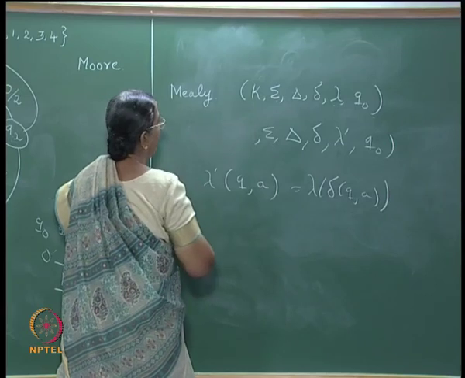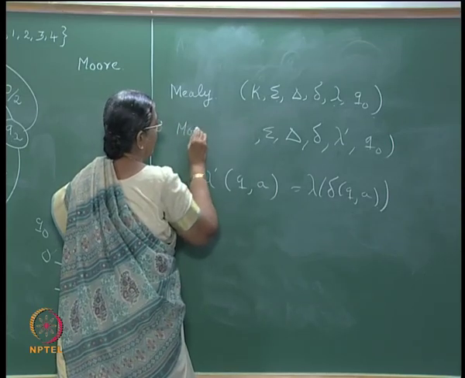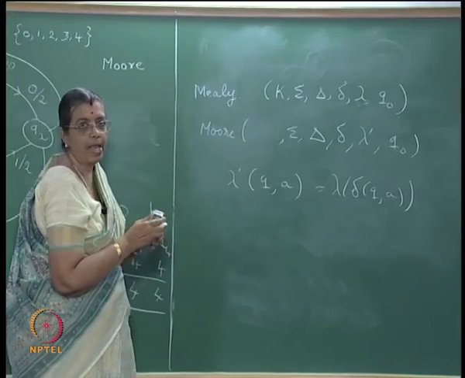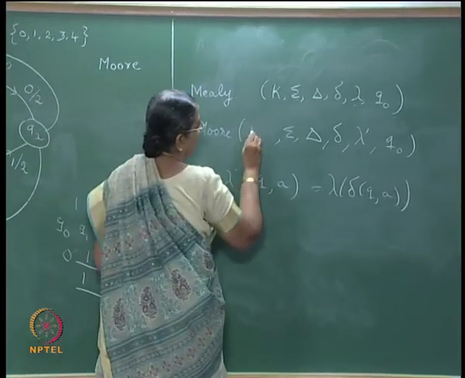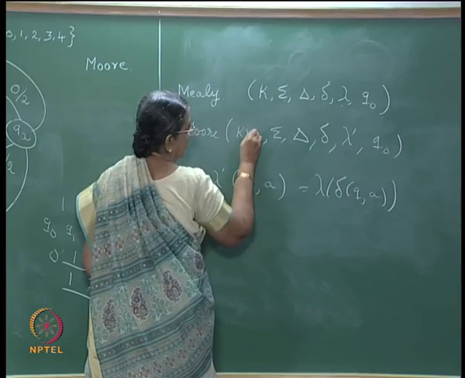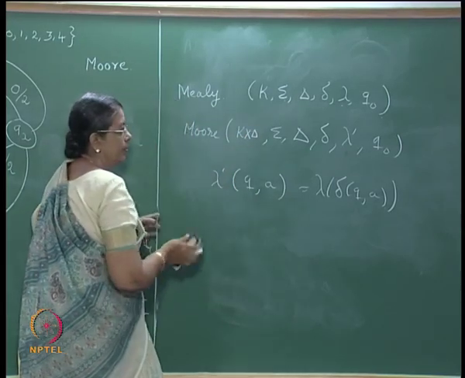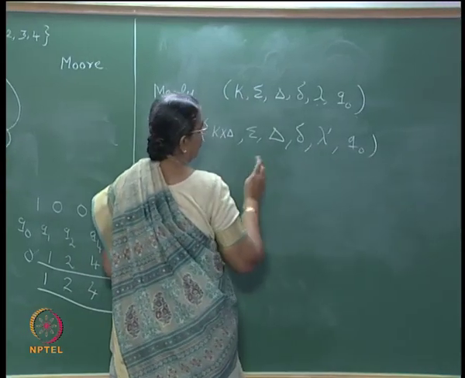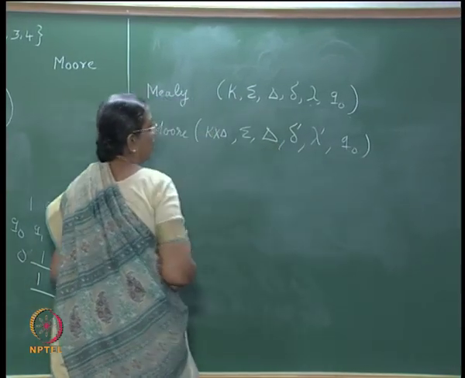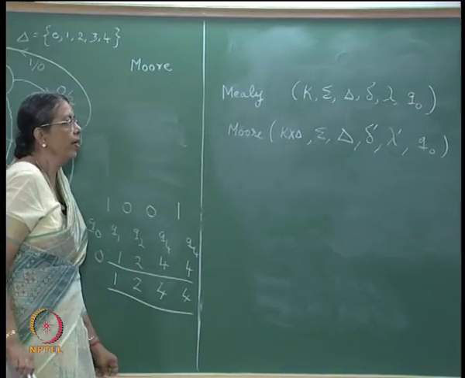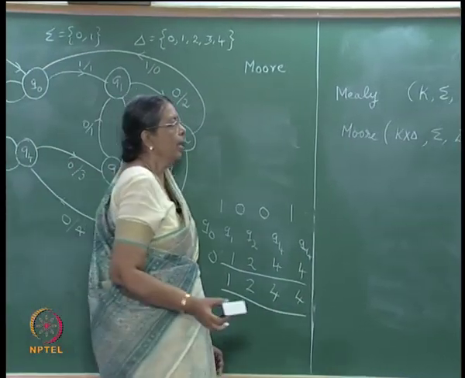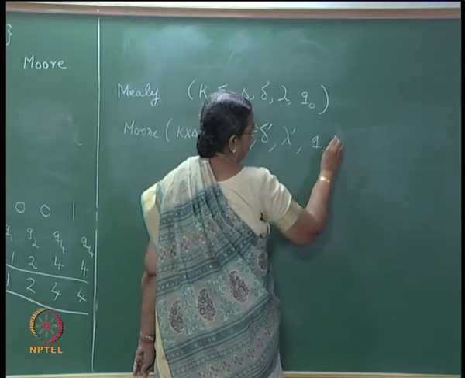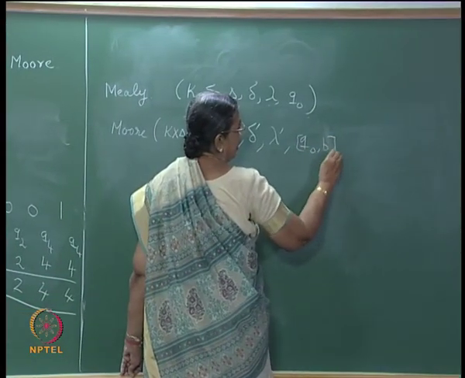Then the corresponding Moore machine: now, the states are not just K, it is a cross product of K cross delta, the input alphabet is the same, the output alphabet is also the same, and you have to define delta dash and lambda dash. The initial state will be again a pair.